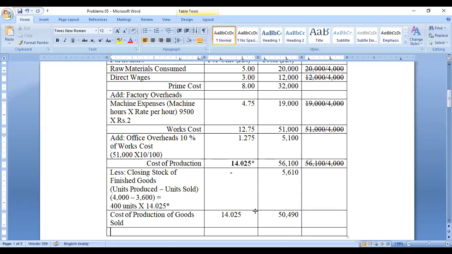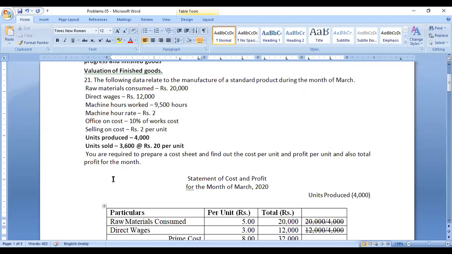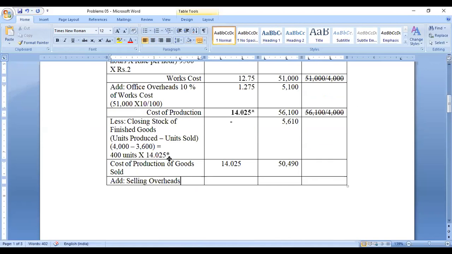Then after that you have to add selling overheads. The selling overhead amount is not directly given. Selling overheads are rupees 2 per unit. So rupees 2 multiplied by the number of units sold, which is only 3,600.